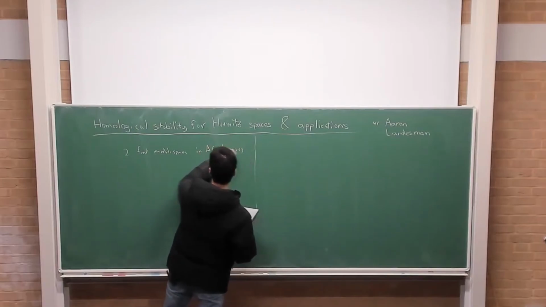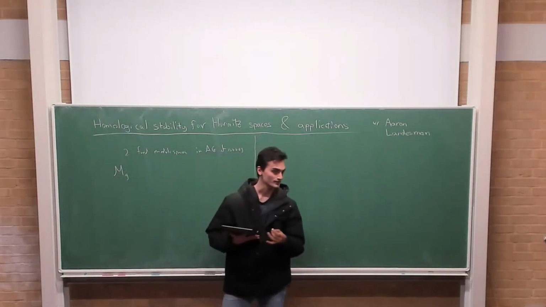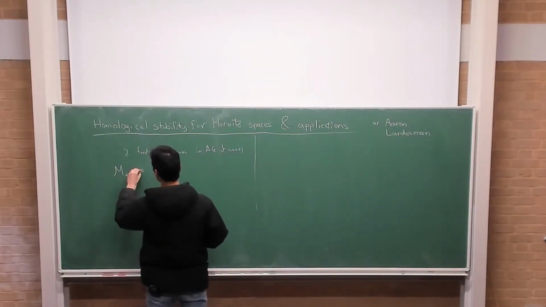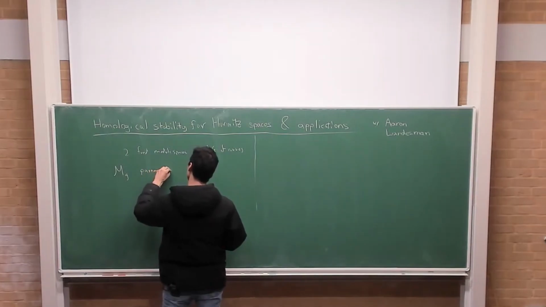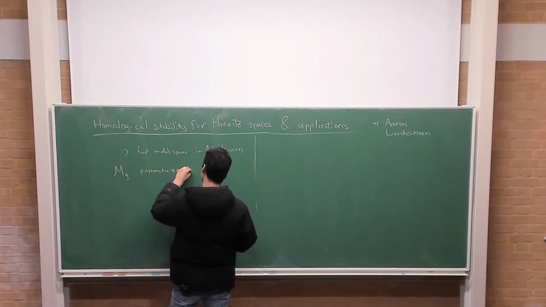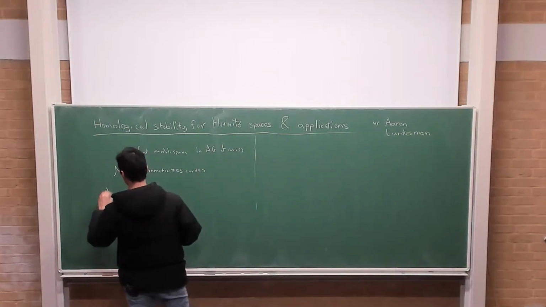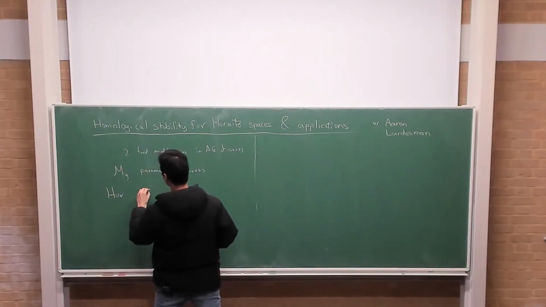The first is the various forms of the moduli of curves, which just parameterizes curves themselves. And then the other kind is Hurwitz spaces, which parameterize maps between curves.